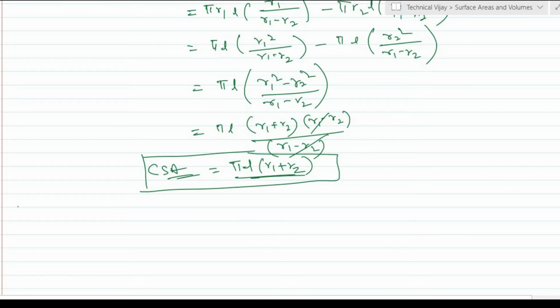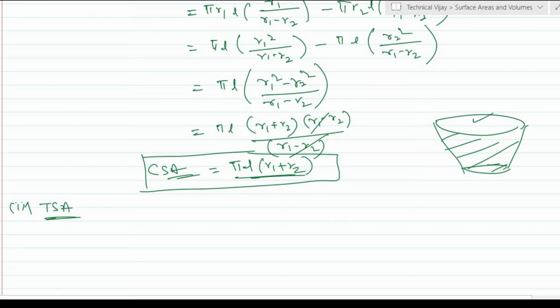Now what we have to calculate in the second portion is the total surface area. For the frustum of a cone, this is what we have calculated so far, and we also have to add the top portion and bottom portion.